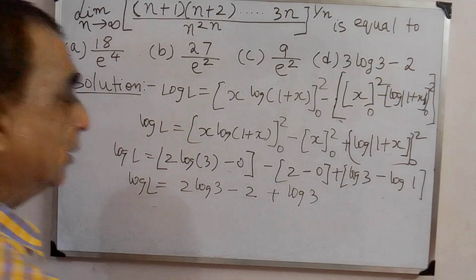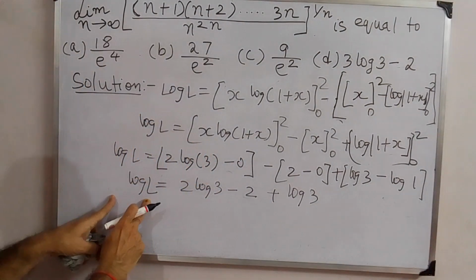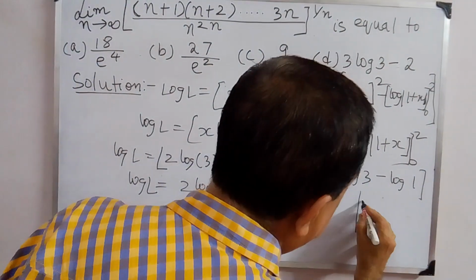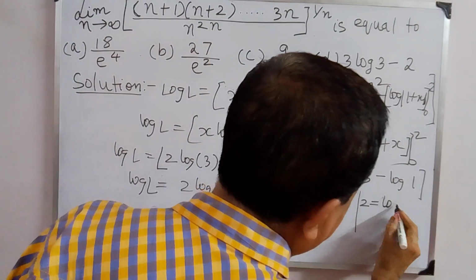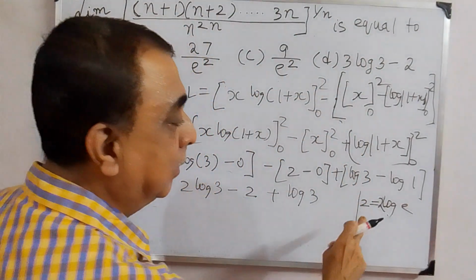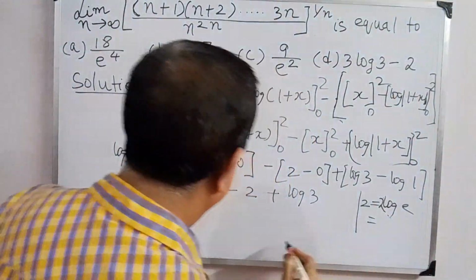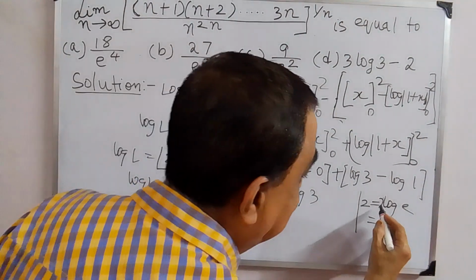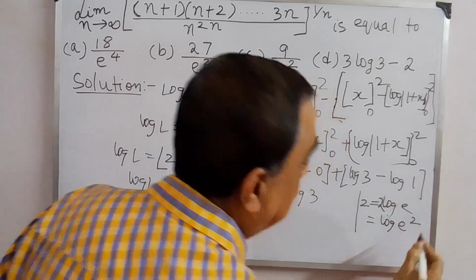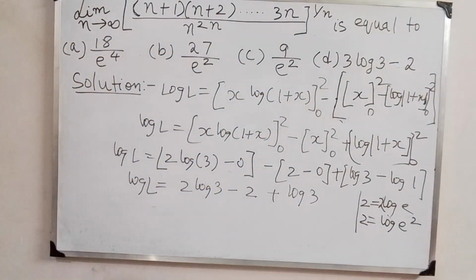Now we are expressing all the terms as logs because this side is log L. See here, 2 can be written as 2 into log e, because log e value is 1. And this 2 becomes the power, so I can write it as log e to the power 2.